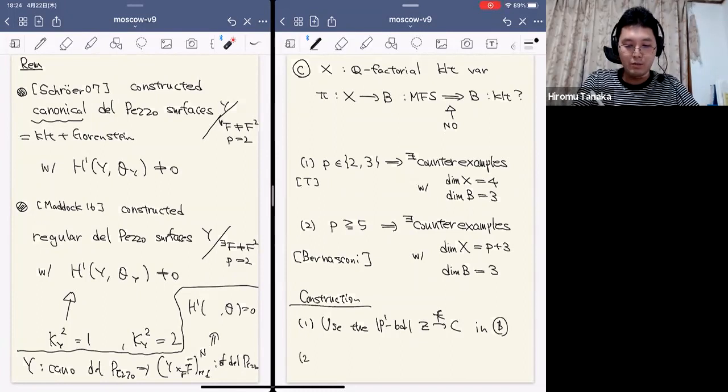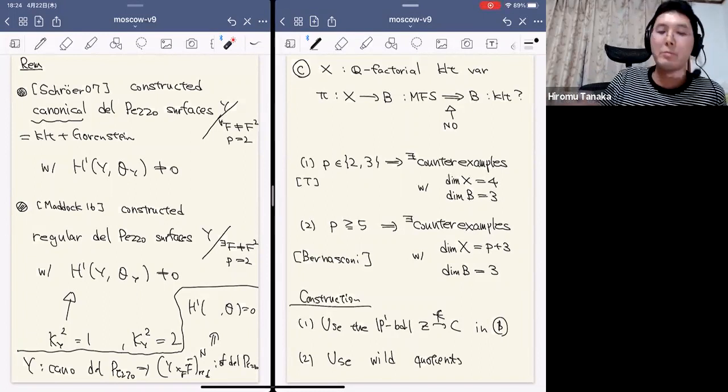So I would like to explain the second construction here. This construction uses a wild quotient, which means a quotient by, for example, Z/pZ. Actually, in this construction we use Z/pZ. Let me explain the details.